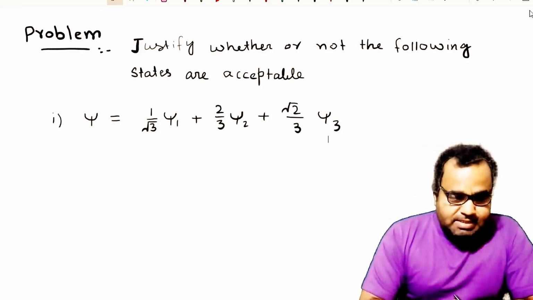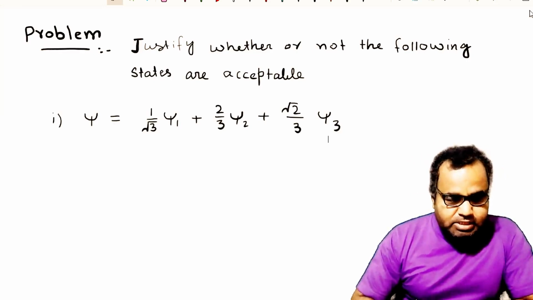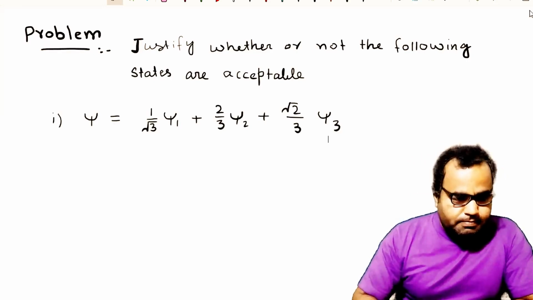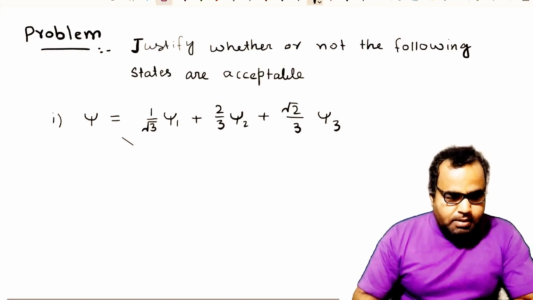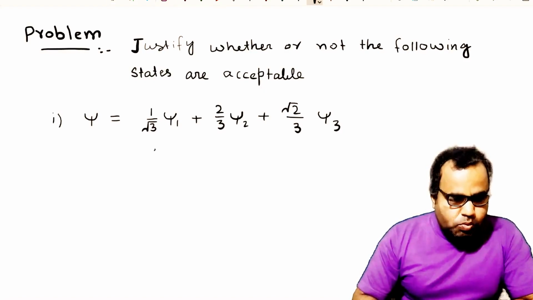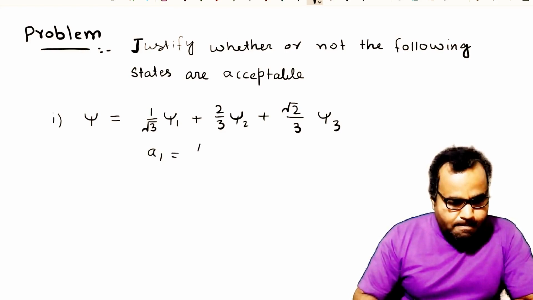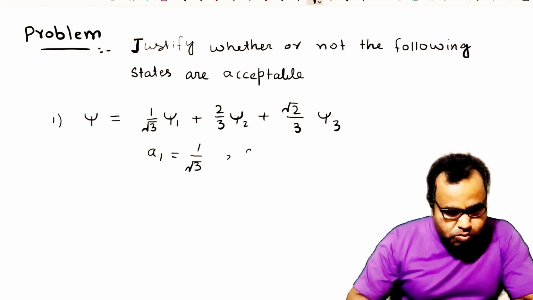If we look at the state which is given, here we can say that a1 is equal to 1 over root 3, and a2 is equal to 2 over 3.